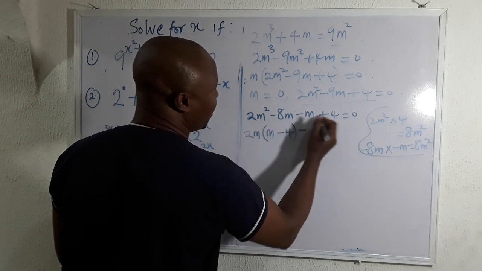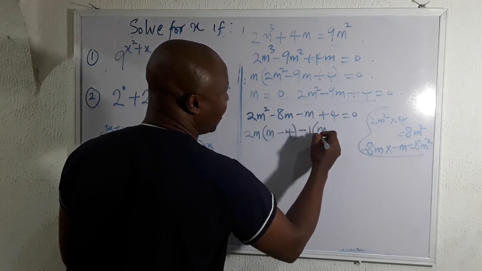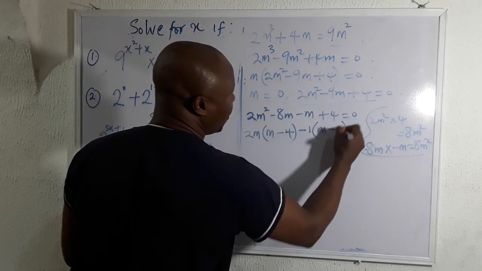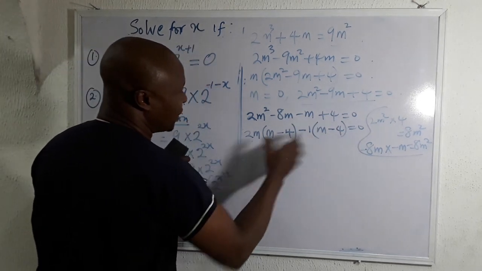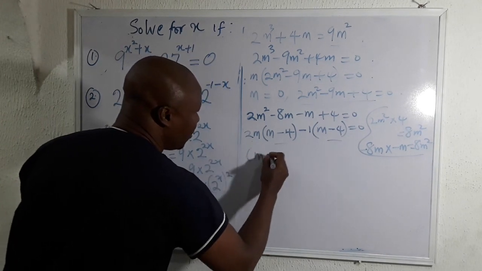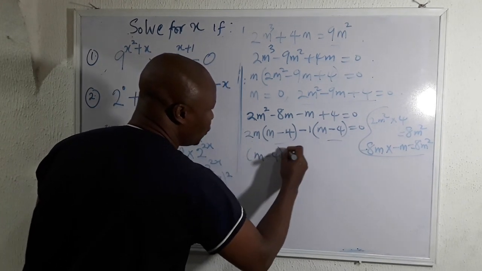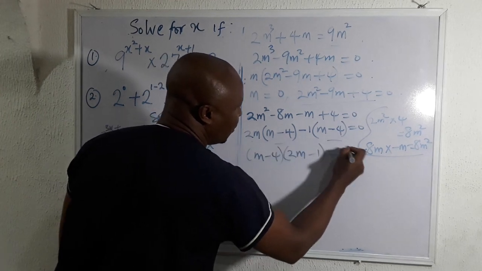So minus, nothing is common here, so it's 1 into m minus 4 is equal to 0. We put this into brackets. We have this and this as common. So that is m minus 4 into 2m minus 1, and that will be equal to 0.